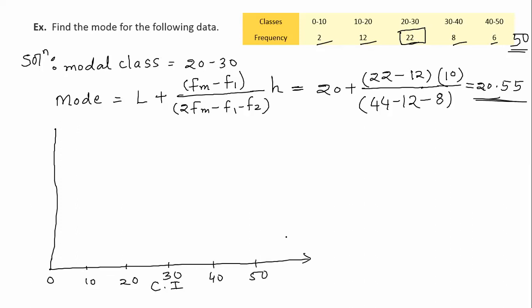And along the y-axis there will be frequency, small fi. We can see the maximum is 22, so I can say this is 5, 10, 15, 20. This is a totally free sketch. Class interval 0 to 10 with its frequency, 10 to 20, 12.